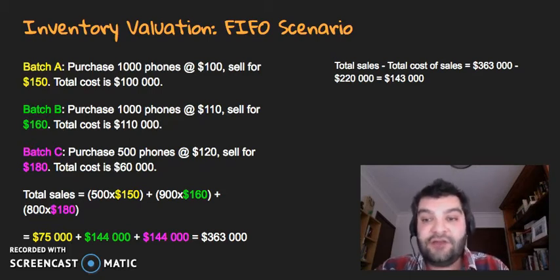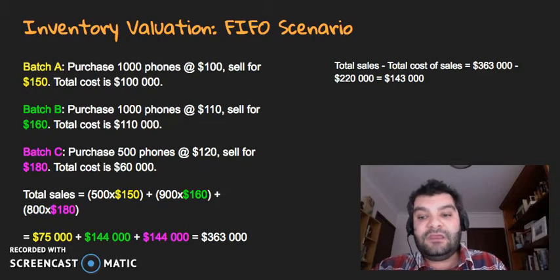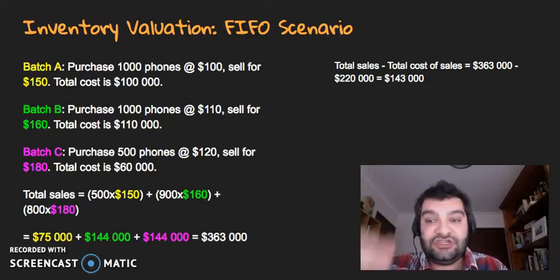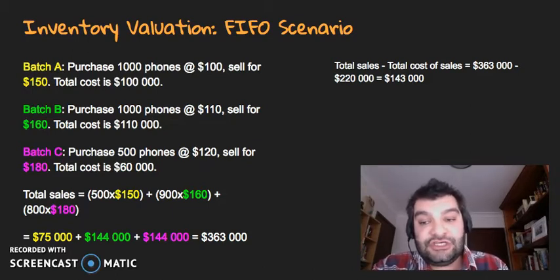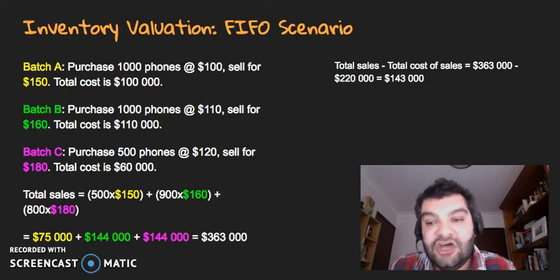So on the right-hand side, on the top of that slide, I've put down basically their gross profit. So the total sales, we already found out, was $363,000, minus the cost of sales. The 500 phones plus the 900 plus the 800 gives us 2,200 phones. Now, the first cost recorded was $100, so 2,200 times 100 gives us $220,000.